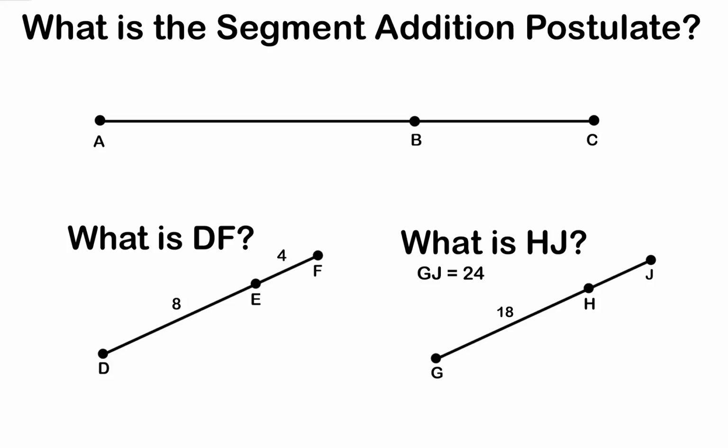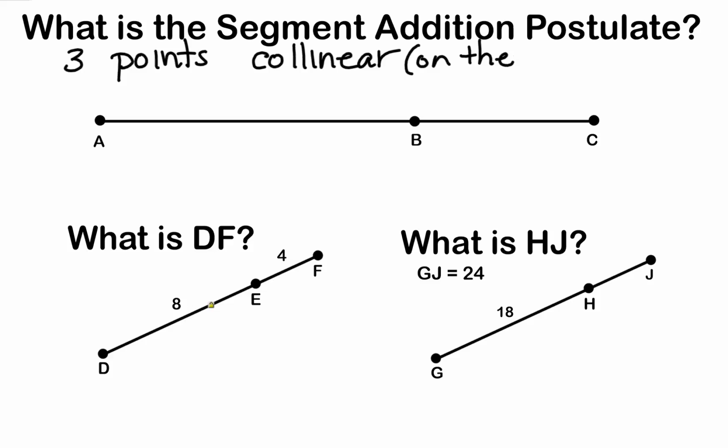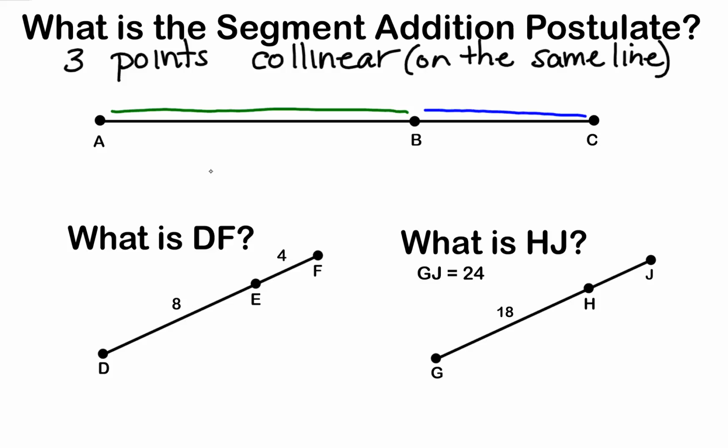The segment addition postulate says that if I have 3 points that are collinear, collinear meaning on the same line, then I can take the measure of this first piece, AB, and the measure of the second piece, BC, and that would be equal to the measure of the whole, AC.